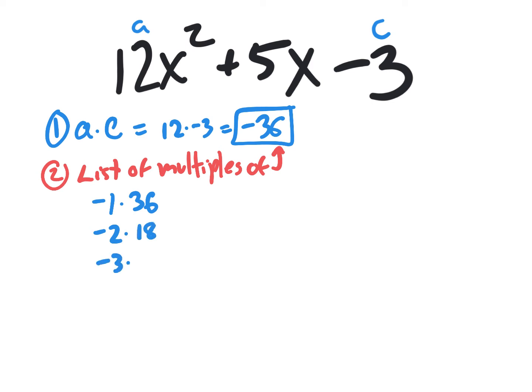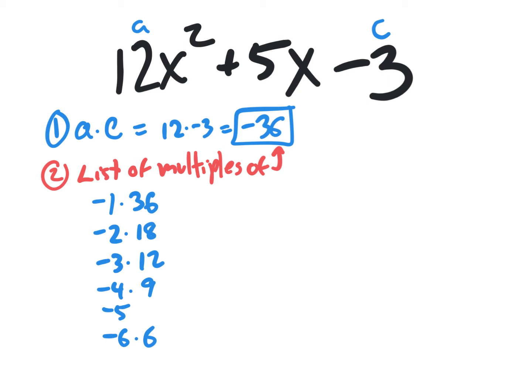Negative 3 times, anybody? 12. How about negative 4? Will negative 4 work? Negative 4 times 9. Negative 5 doesn't work. Negative 6. Will negative 6 work? Yep, there you go. So you see, I just went through counting 1, 2, 3, 4, 5, and I thought of the multiplication to get the answer, negative 36. And I got all the possible multiples right there, okay?